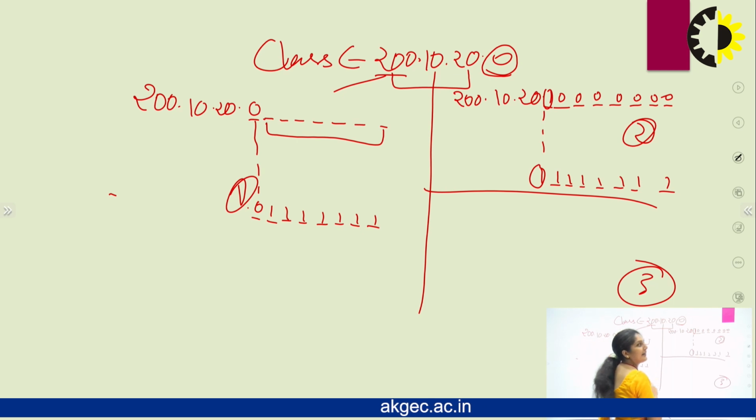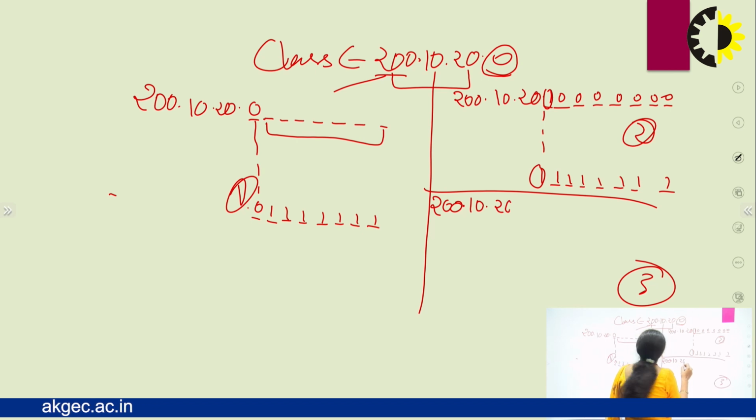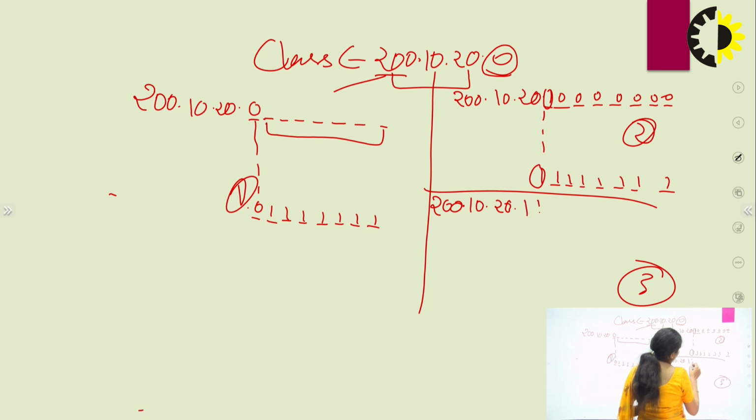Similarly, for the third, we are dividing the whole into three parts: 200.10.20.11.